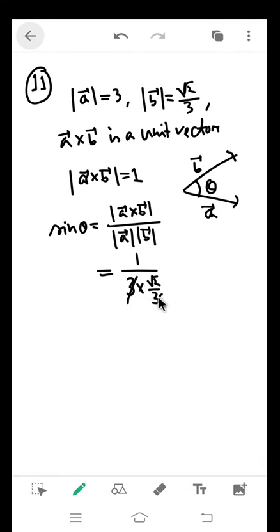The 3 cancels, so you have got 1 by root 2. Therefore theta equals pi by 4.